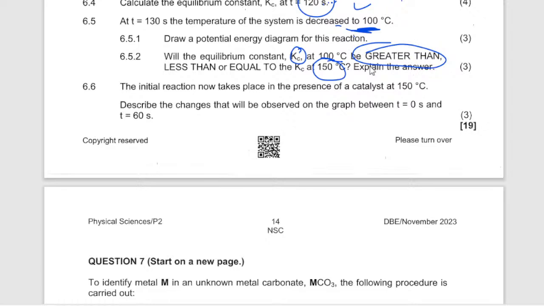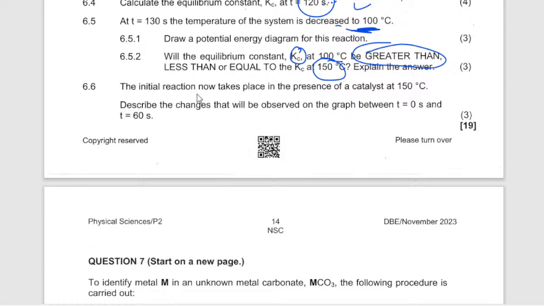It is going to be favored by decrease in temperature, and then more products are going to be formed, and once more products are formed, the Kc value is going to increase. Don't forget that Kc value can only be changed by temperature. All right.